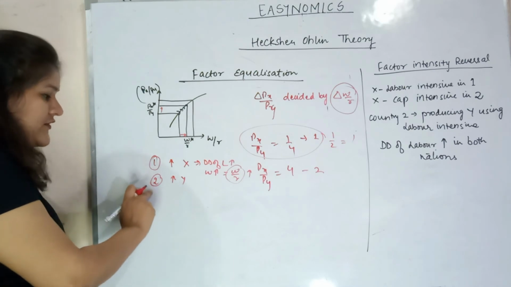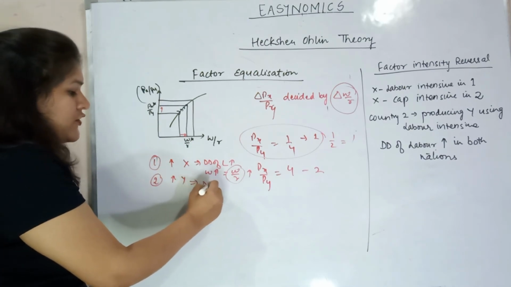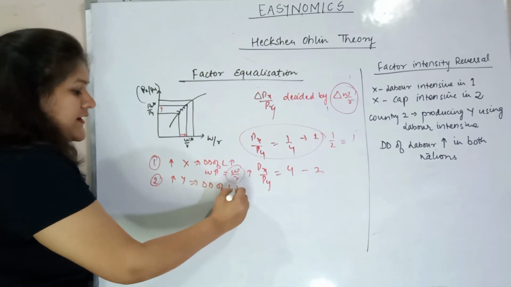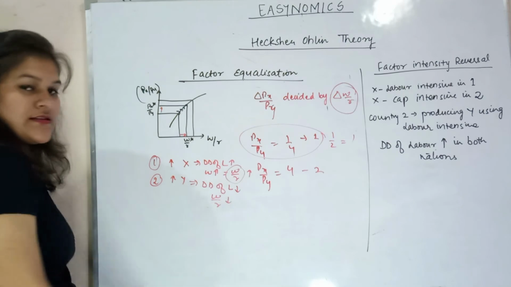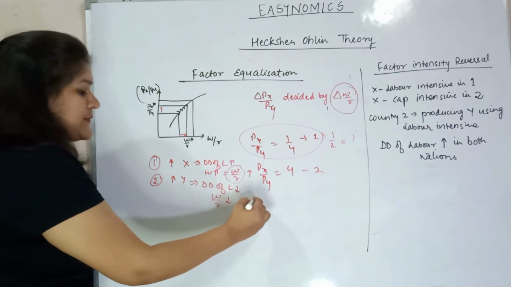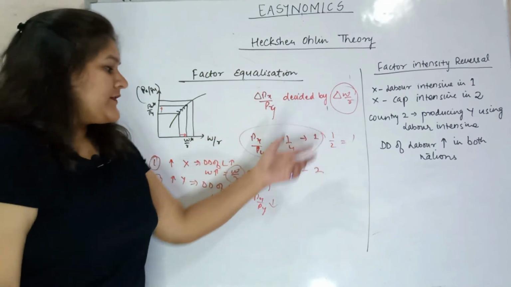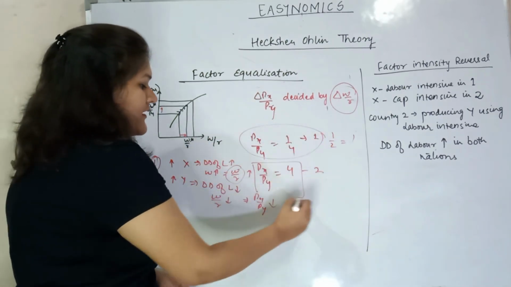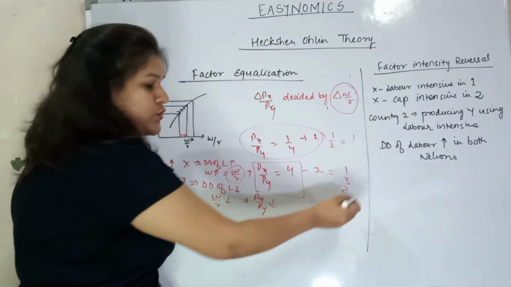Now let's see country 2. They were producing Y, so the demand for labor decreases. When the demand for labor decreases, W by R decreases. When W by R decreases, Px by Py decreases in country 2. So they will be reducing this and reaching something like 1 or 3 or 2, anything.